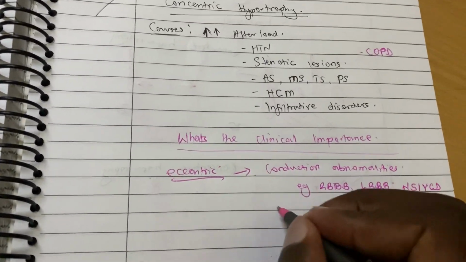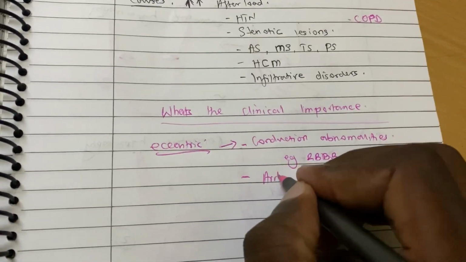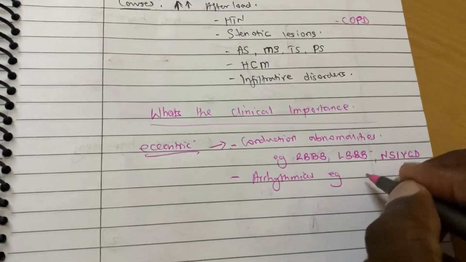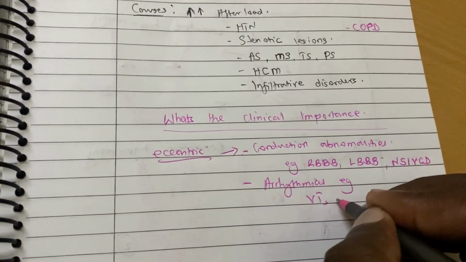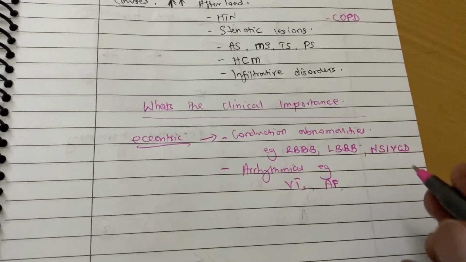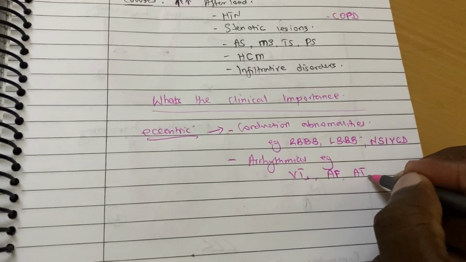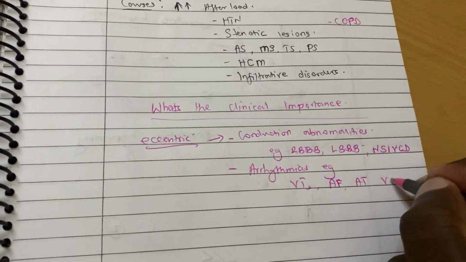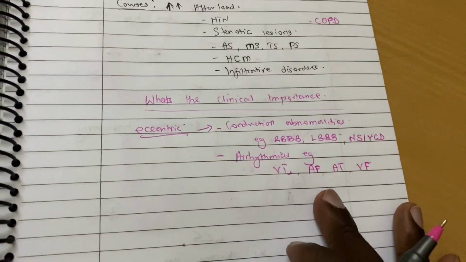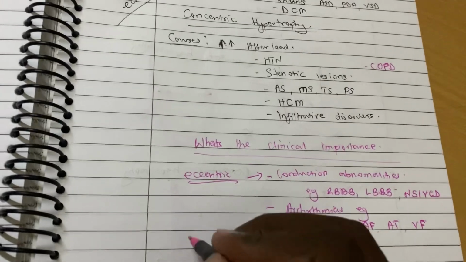And then another thing, it predisposes to arrhythmias, e.g. VTs, atrial fibrillation, atrial tachycardias, and then VF. All these it can cause. So all these are the same as concentric.